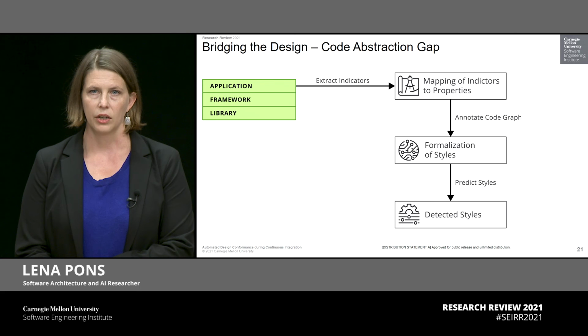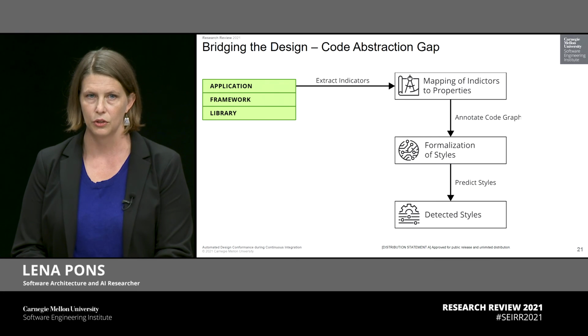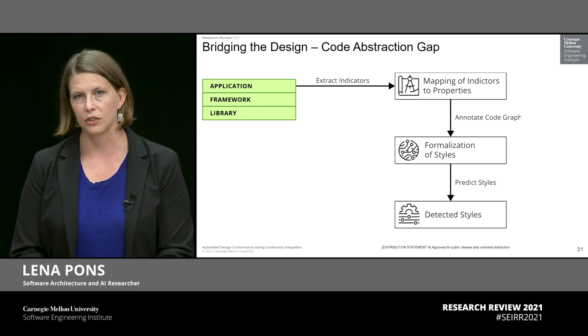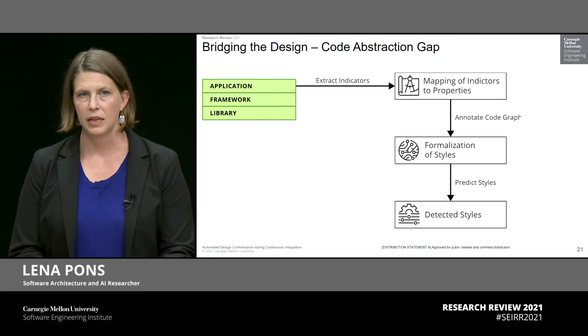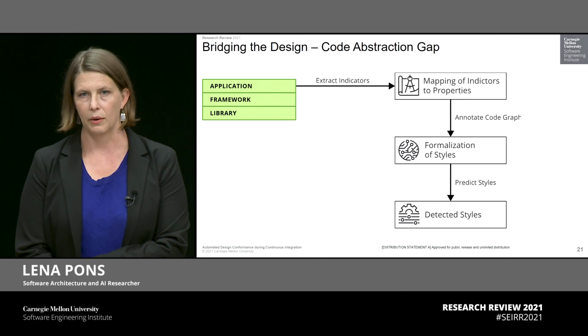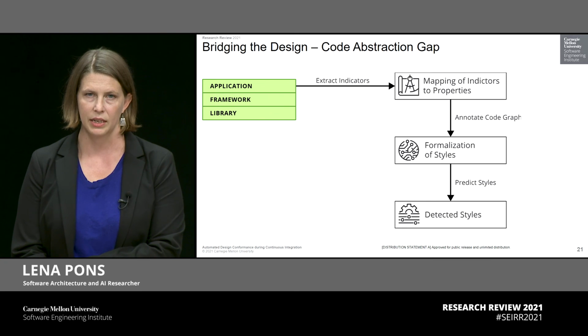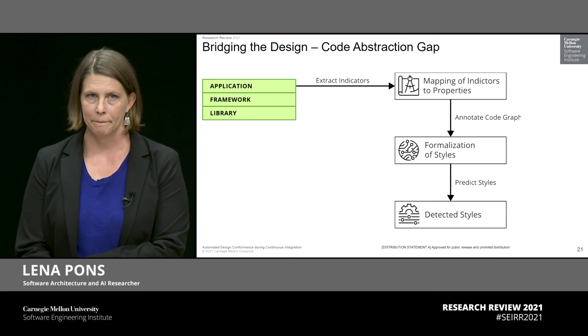So our intent here is to do a small amount of manual extraction to identify those enduring indicators that allow us to characterize these properties such that we can build a set of predictors that will allow us to actually characterize multiple types of styles and in a much more enduring way.